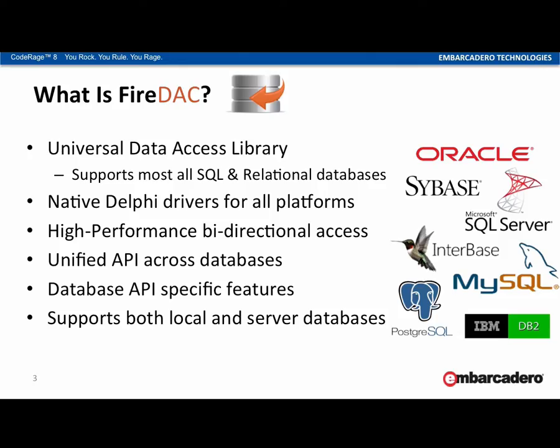So that means if a certain database has a feature you need to access, you can add an additional component that is specific to that database, and then it will give you access to that API feature. It supports both local or embedded or desktop databases and server databases, remote databases. So it's useful anywhere you're doing your Delphi application development and you need to access data.